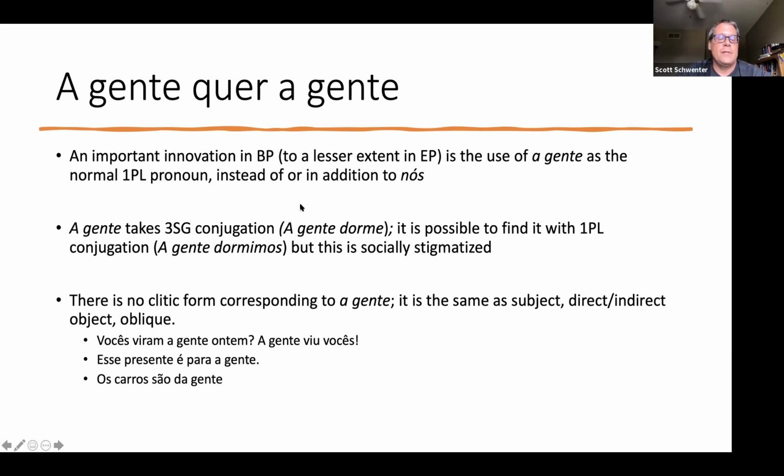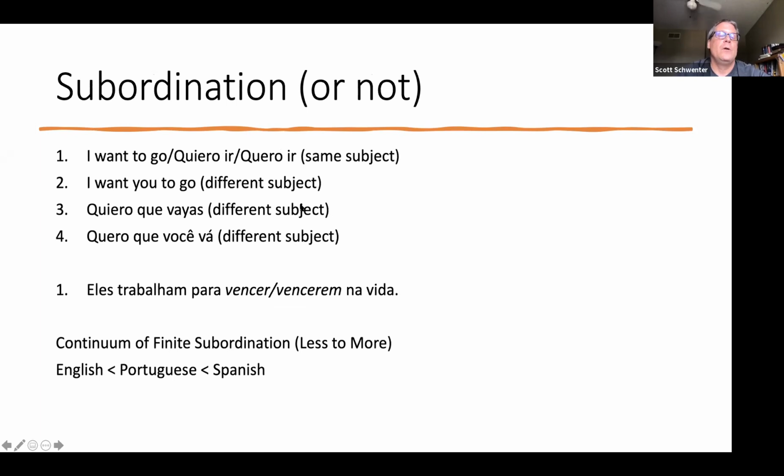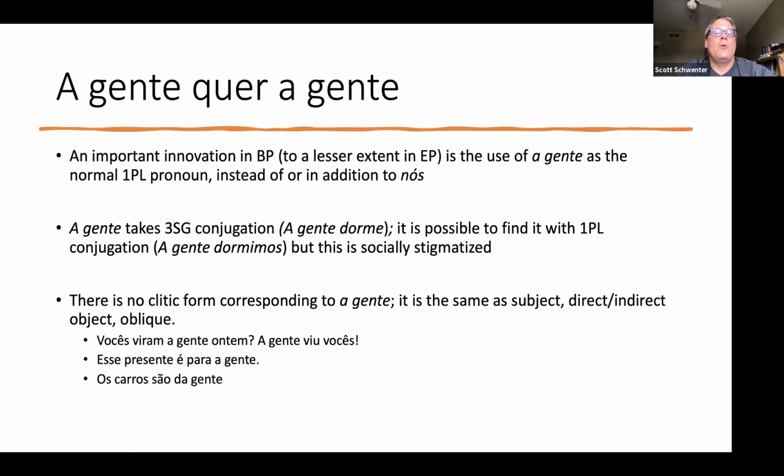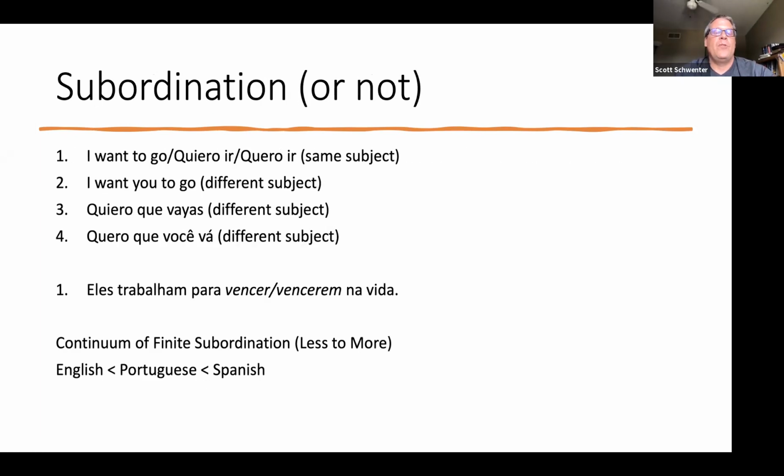Okay, let's see. All right, so we'll stop with pronouns there. Now let's talk a little bit about what happens when you want to combine two sentences together, the main clause, subordinate clause type structure, or main clause, complement clause, whatever terminology you might have learned, right?